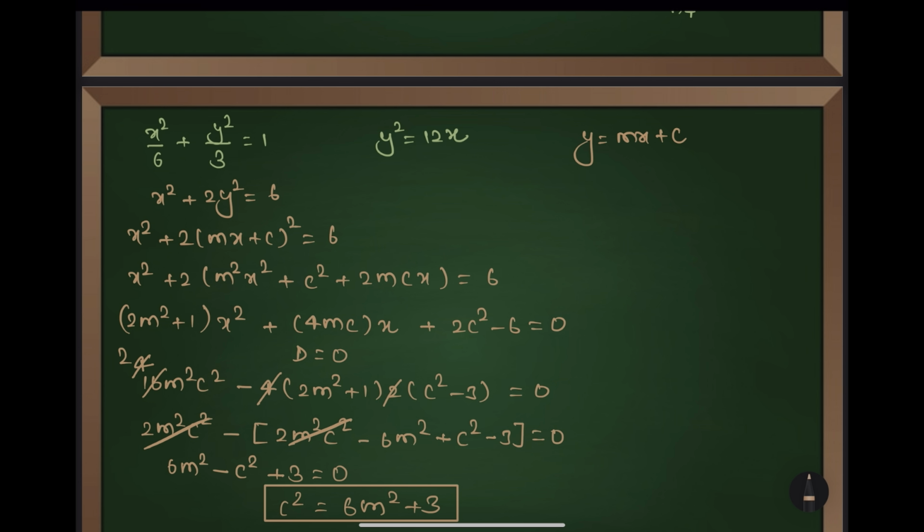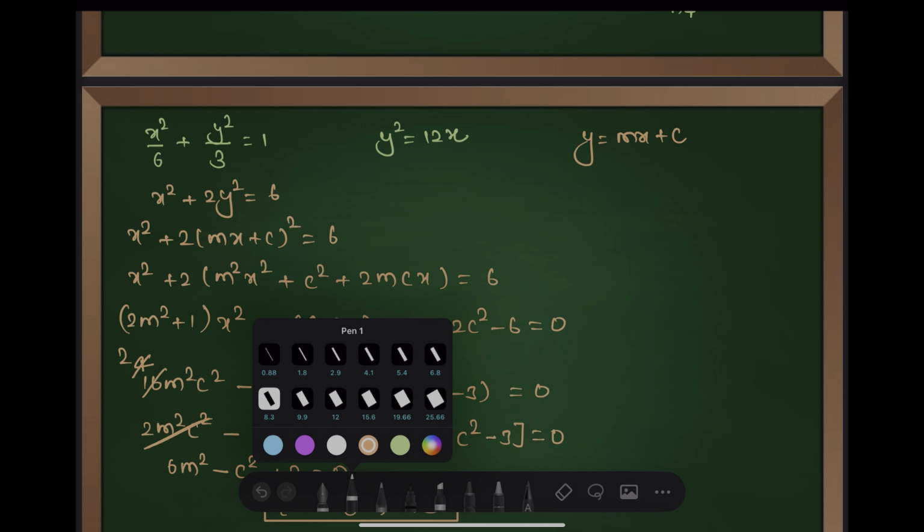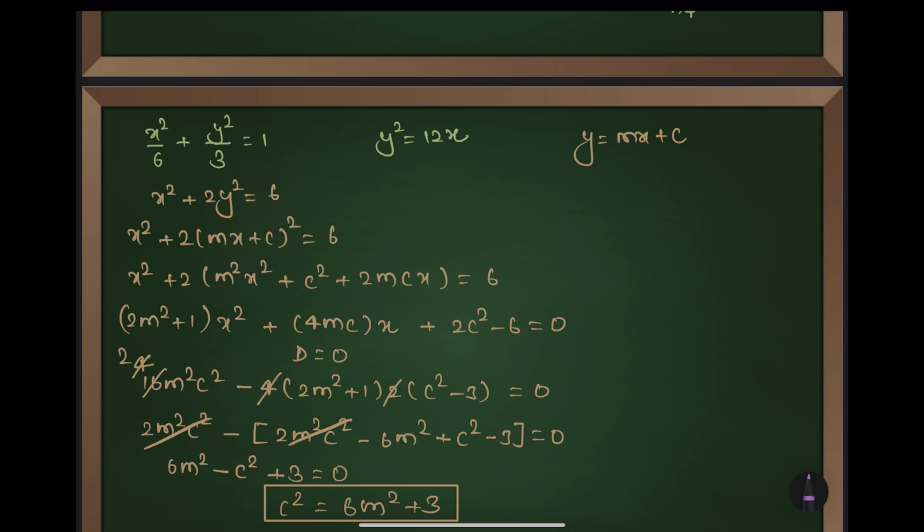Now we will proceed with substitution in the parabola. (mx plus c) whole square equals 12x.